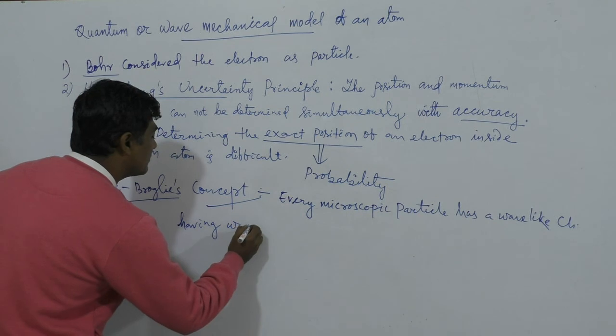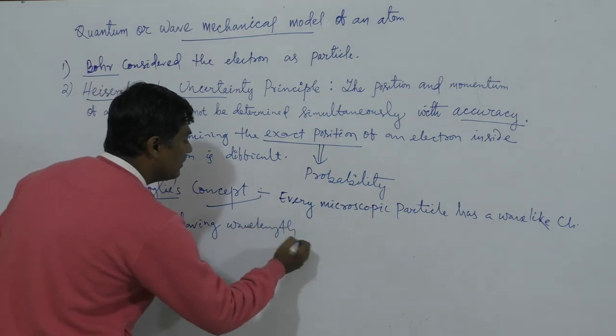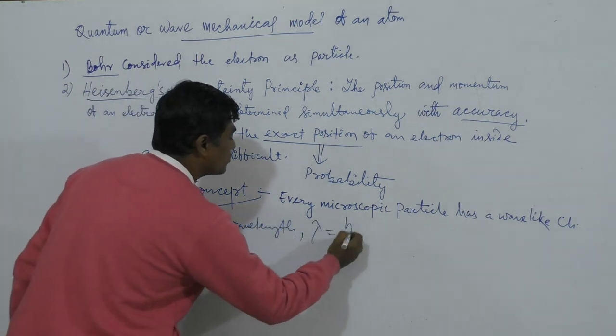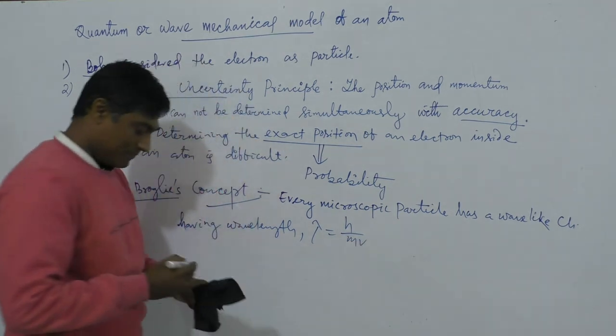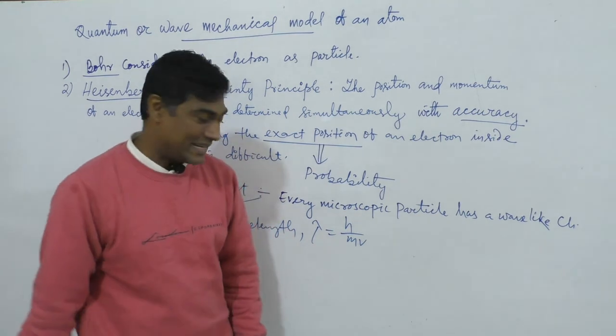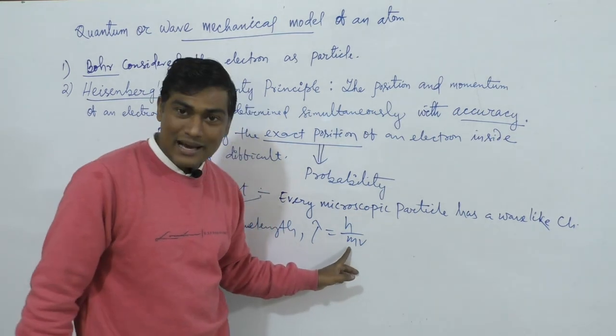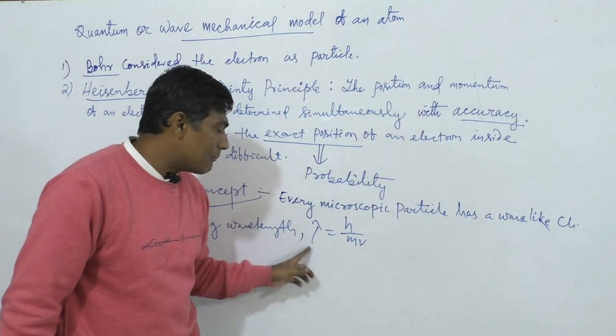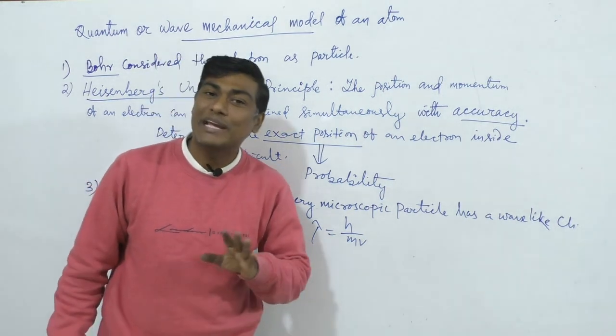What is the formula? As you know well, wavelength lambda is equal to h by mv. For macroscopic particles, for big particles, the mass is very large, so lambda becomes insignificant and we can't observe it.